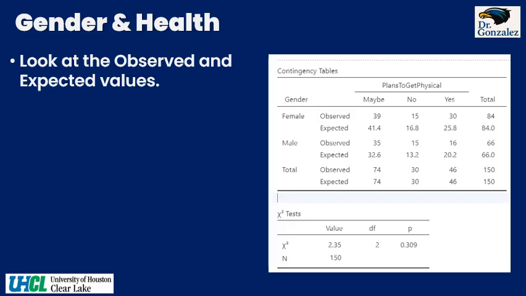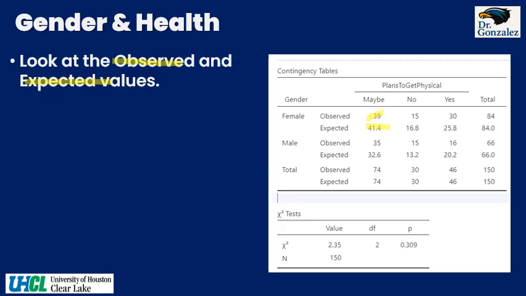So when you have run your test, you're going to get observed and expected values. This just gives me an example of what I should see and what I did see. Or you could take this and calculate all this out by hand if you really wanted to. But I think Jamovi is wonderful in that it does this for you. But you at least know what formulas this was based on, right? So for females, for maybe I should have seen 41 and I saw 39.